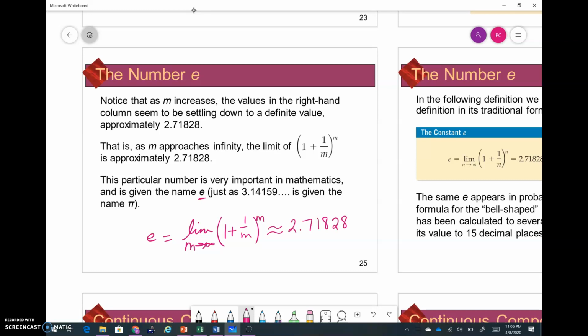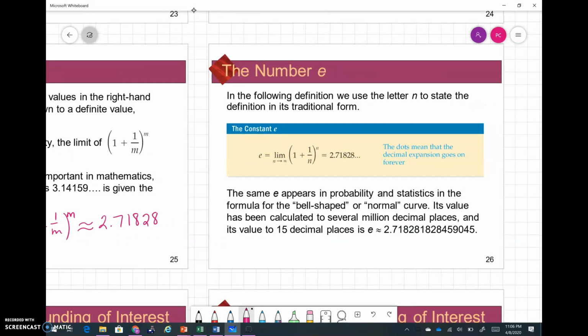So, in the following definition, we're going to use the letter N to state the definition in its traditional form. So E is equal to the limit as N approaches infinity of the quantity 1 plus 1 over N to the nth power. And that's 2.71828... The dots mean that the decimal expansion continues to go on forever.